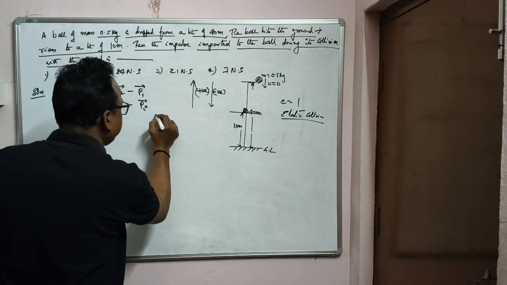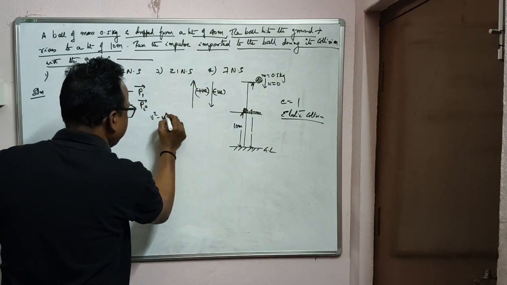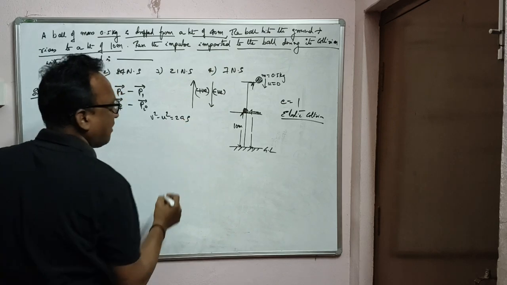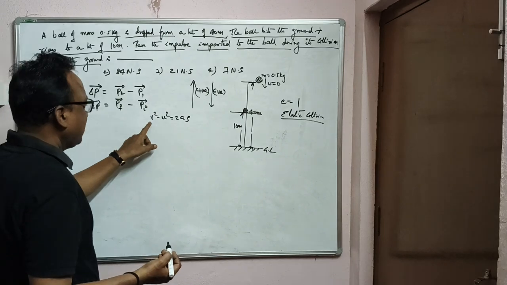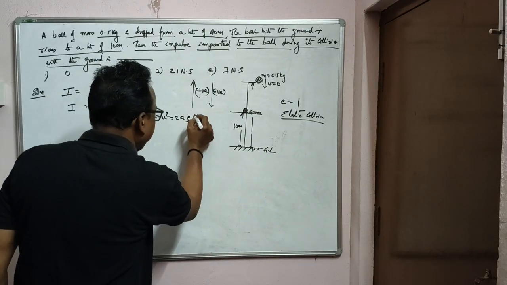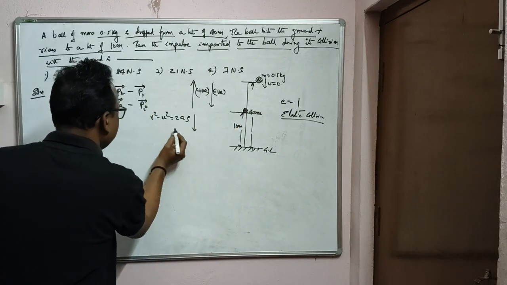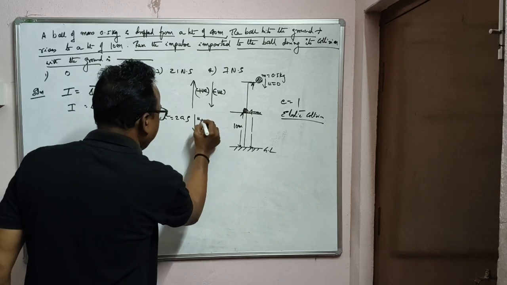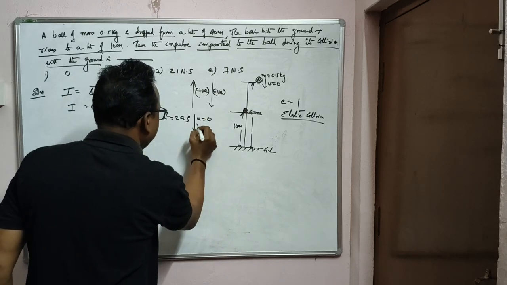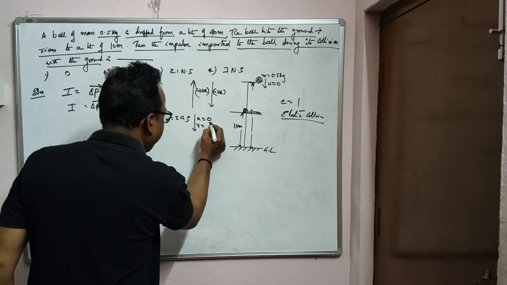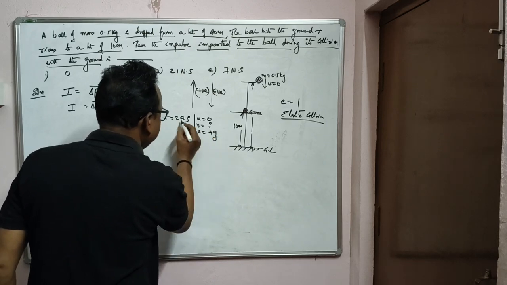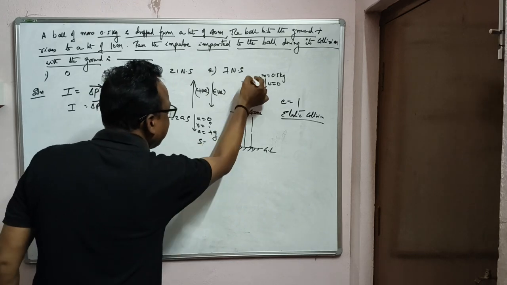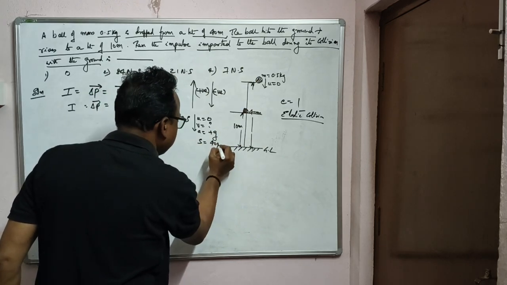You can use the equation v square minus u square equals 2as, or the law of conservation of energy, anything you can use. I will use the simple equation v square minus u square equals 2as. Coming down first, initial velocity is 0, and v before hitting the ground you have to calculate. I will take a as plus g, and s displacement as the height, 40 meters.